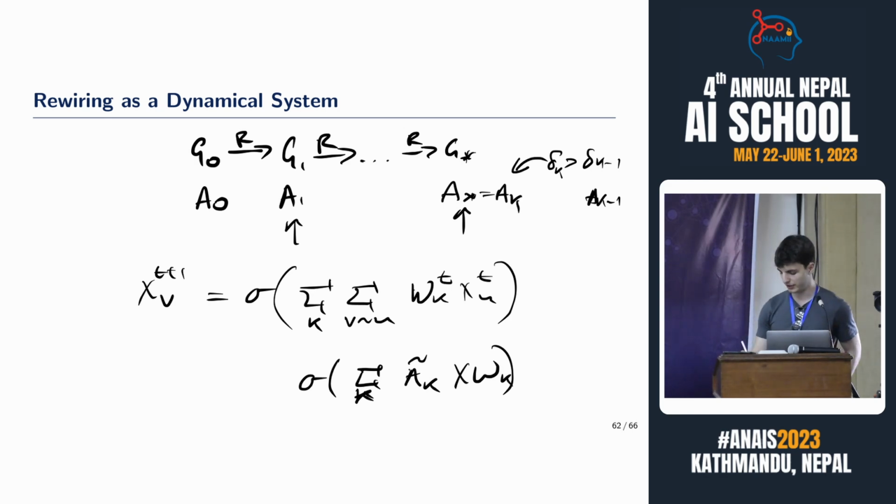So intuitively, your node v at t plus 1 gets updated as the sum over all of the k's, so over all these rewirings, times the sum over all the v connected to u of these w_k^t's x_u^t. Okay?